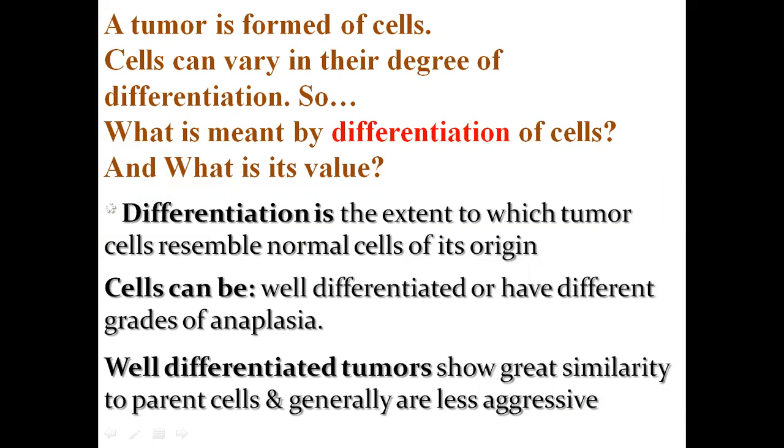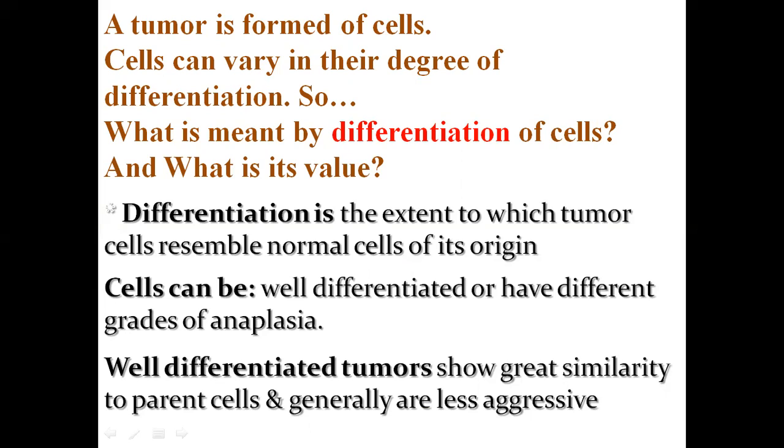Okay, so the cells of the tumor can resemble the original cell, as we said before, to a great extent. In this case, this is called well differentiated, and it is a good tumor which has a better prognosis, or a better outcome.